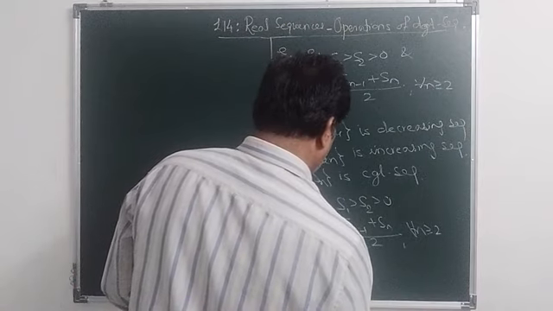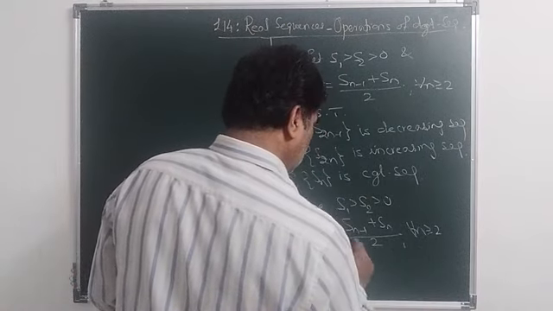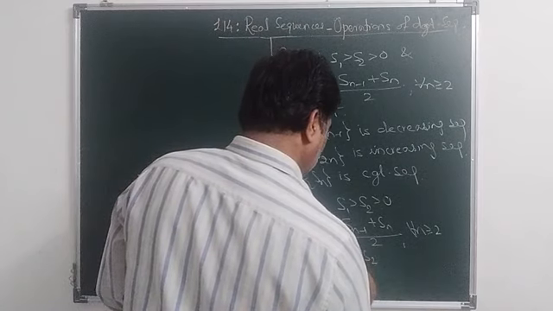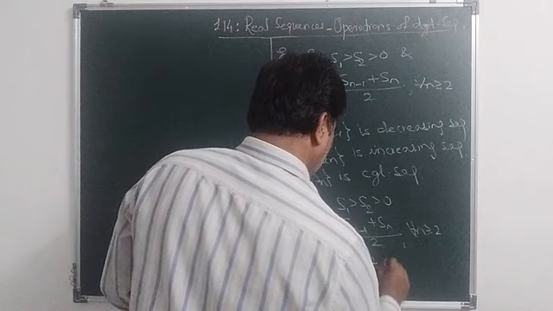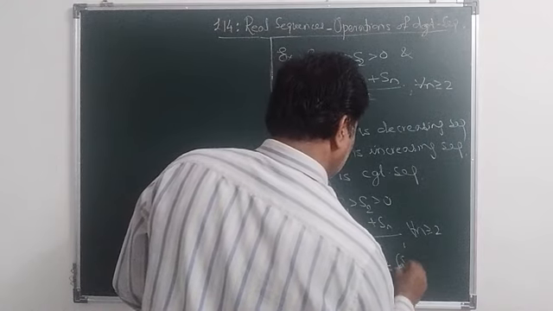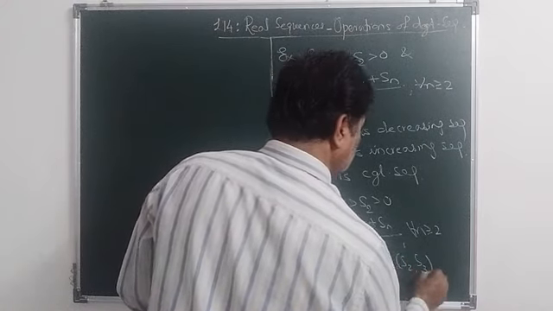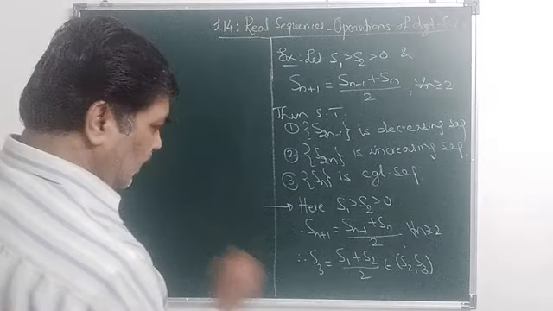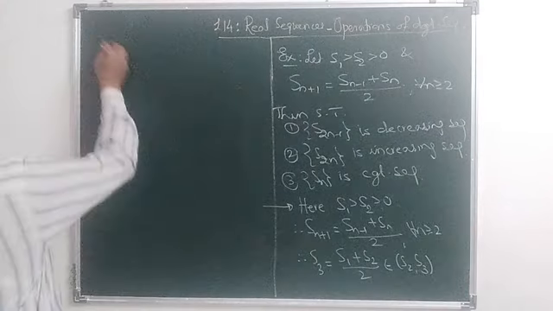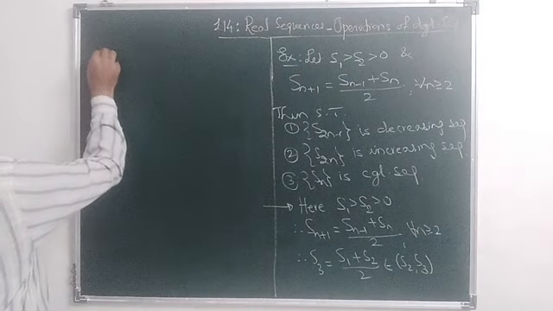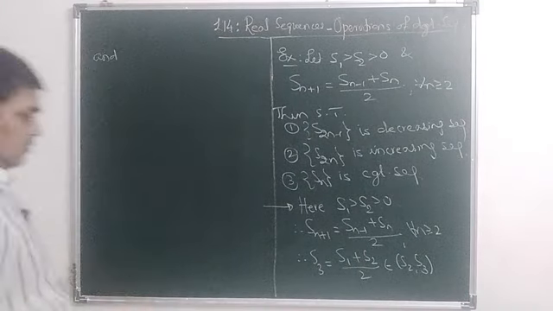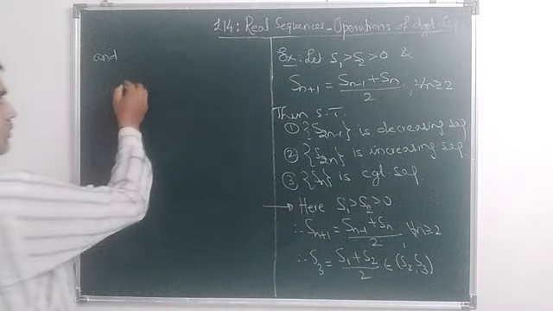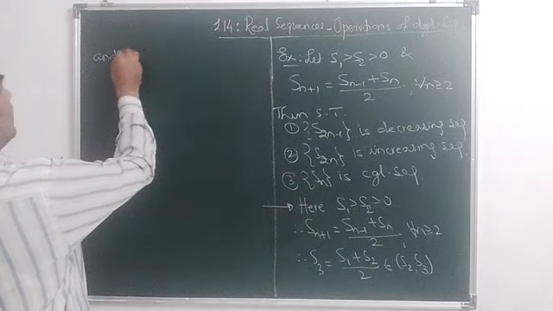Therefore, your S3 is equal to (S1 + S2)/2 belongs to (S2, S3), so it is the midpoint of S2 and S1.